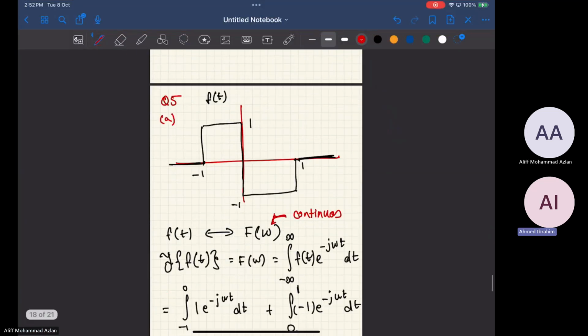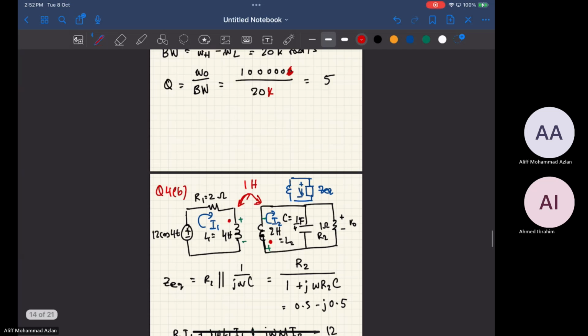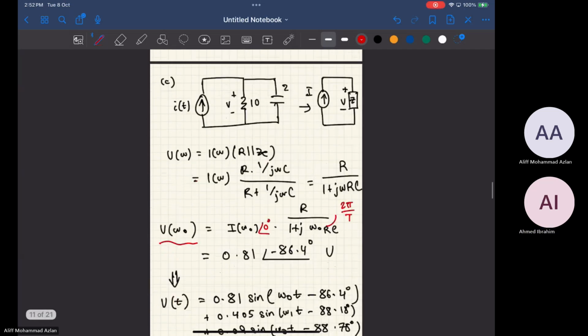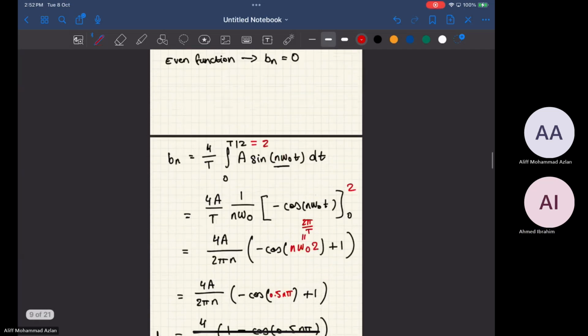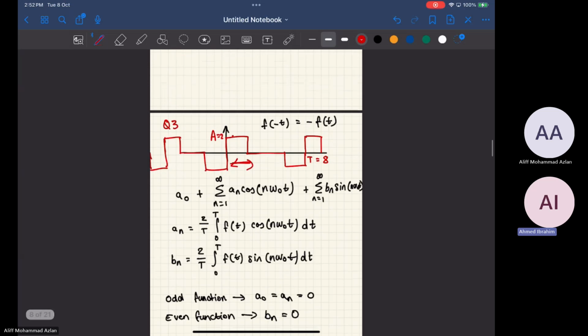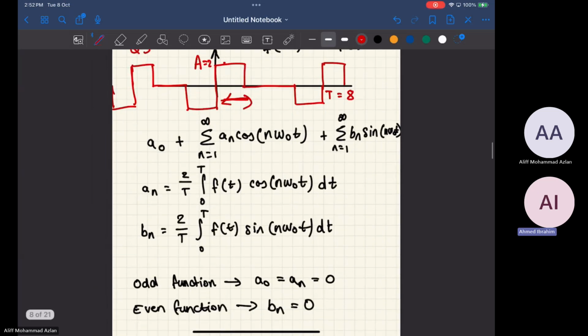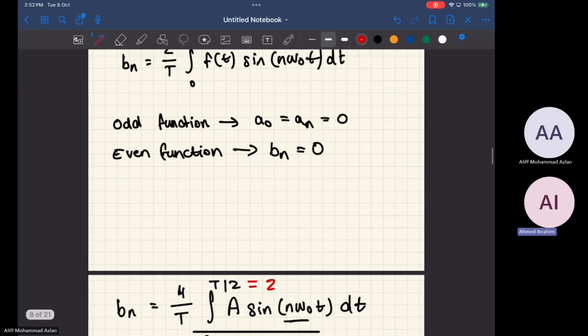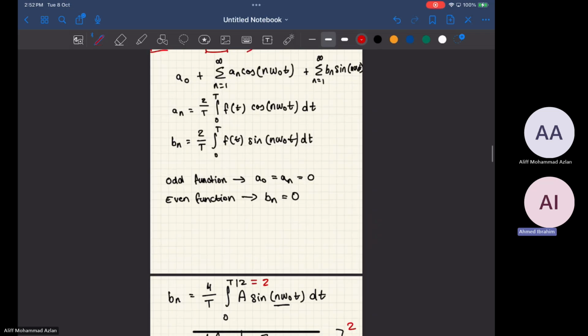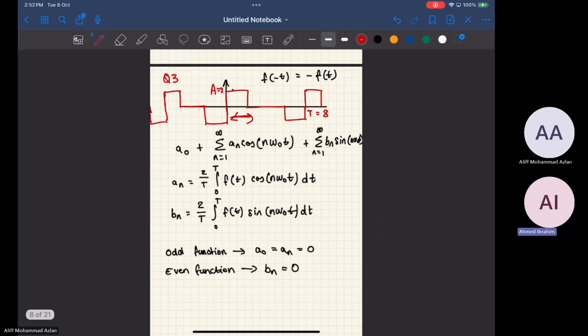So this one simplifies to 4 over T and half the period instead of this form.